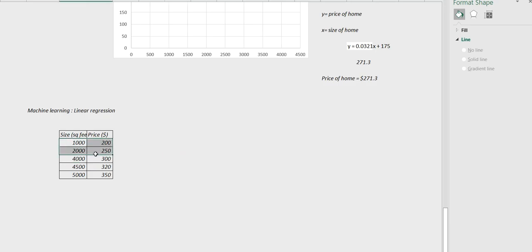The first thing, whatever data I get, these are structured data, and on the basis of these data I want to predict the price of a house, and that may be the price of a house of 300 square feet. What will be the price, that is what I want to predict, okay.